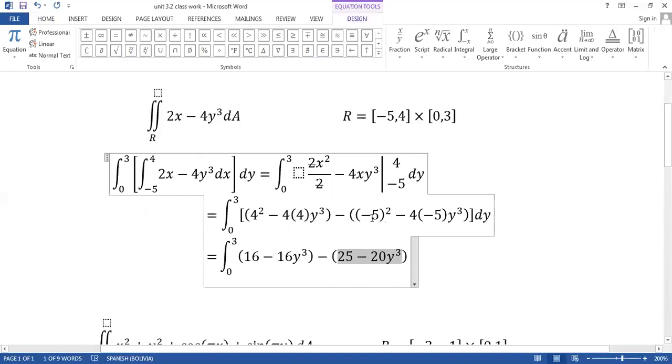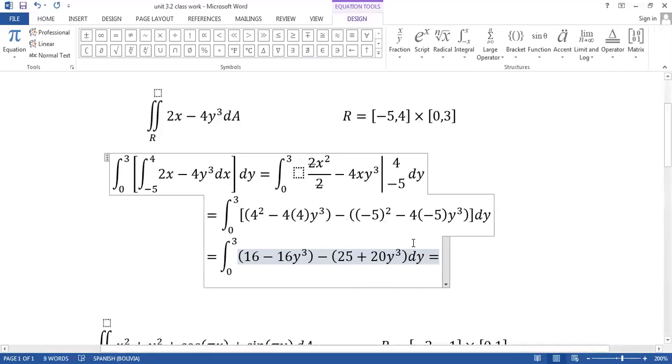So this is a positive 25, and this is negative 4 times negative 5, which is a positive 20. And that's it. Oh, no, that's not it. The dy. Okay.